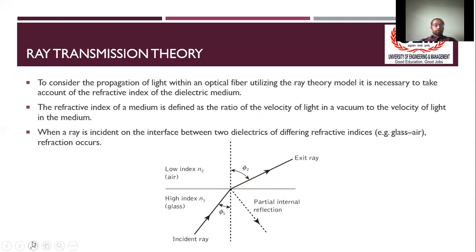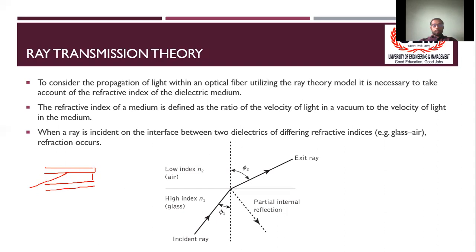That means if we take a fiber optic core like this, which is surrounded by a cladding, and I am transmitting light, the core has a higher refractive index compared to the cladding region.